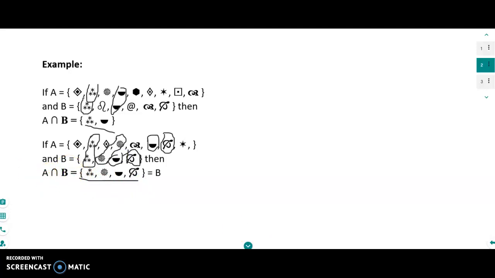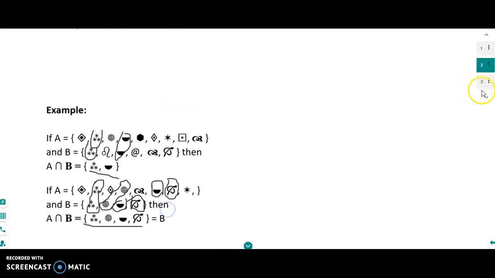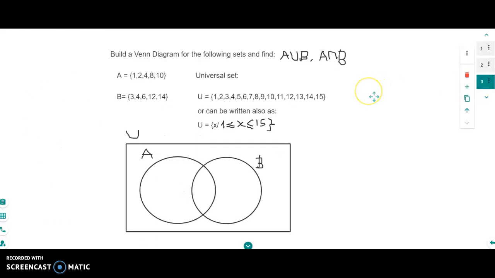All right, so let's continue with an additional example. So here the statement says build a Venn diagram for the following sets and find A union B and A intersected with B. So we have the set A: 1, 2, 4, 8, and 10, and we have the set B: 3, 4, 6, 12, and 14. The exercise also gives the universal set.